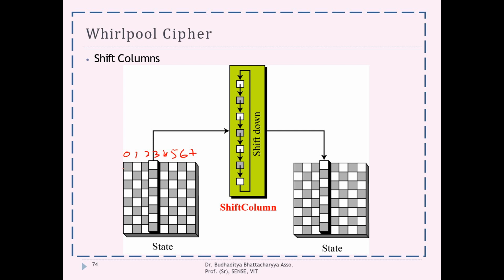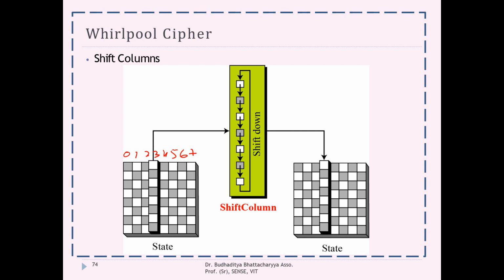So the 0th column will shift by 0 elements. Remember in AES, what was the strategy? The 0th row, how many shifts? 0. First row, 1 shift. Second row, 2. Third row, 3. Like that it was, right? Same thing here, except that we are moving downward because the words we have considered row-wise.